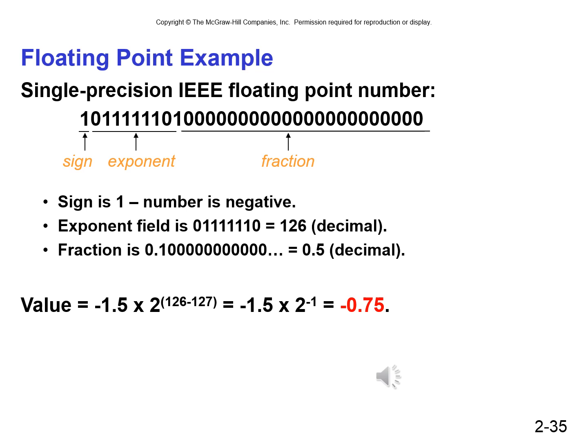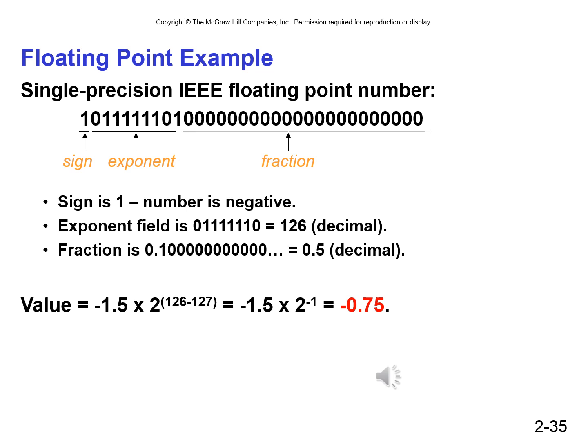The sign is 1, so it's a negative number. The exponent field, 01111110, is 126 in decimal. So instead of adding 127, we're going to subtract 127, and we come up with an exponent of -1.